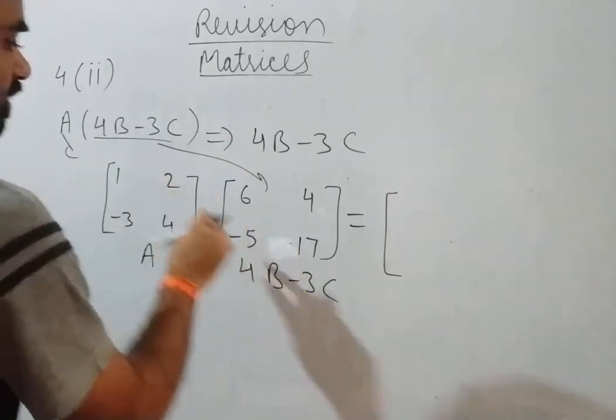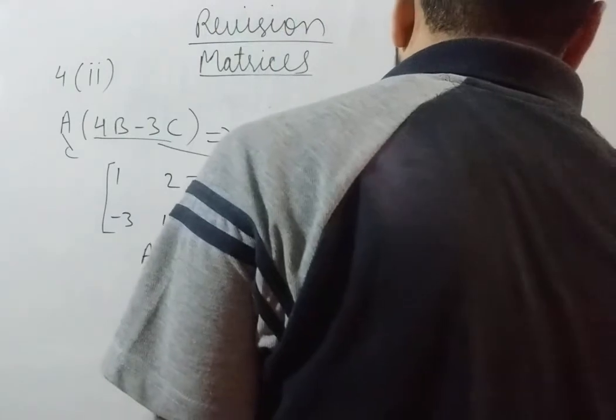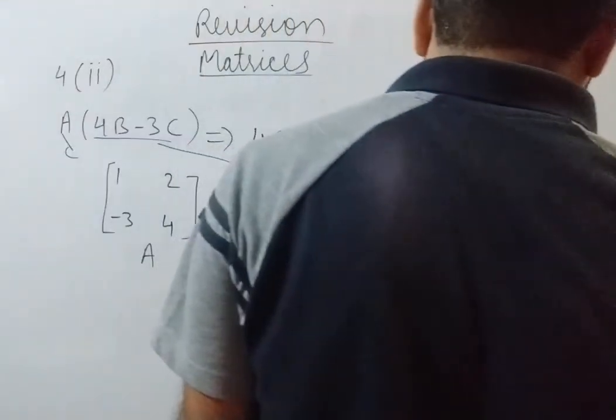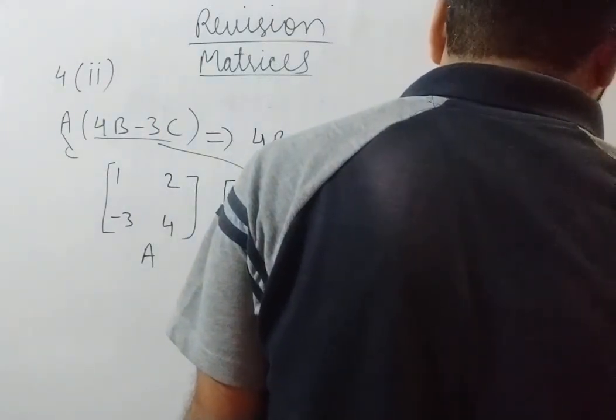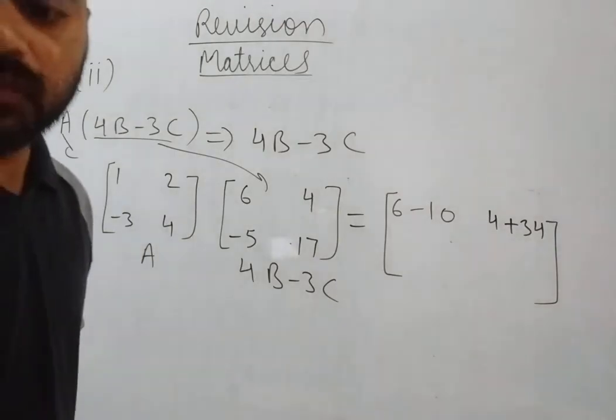So row and column. 1 into 6 minus 10, first element. Next, 1 into 4 plus 34, second element. Correct.